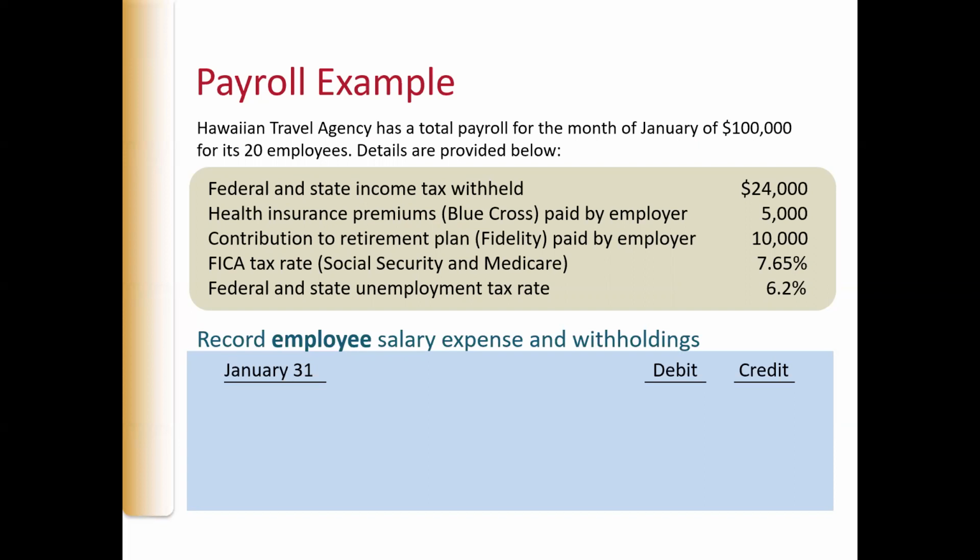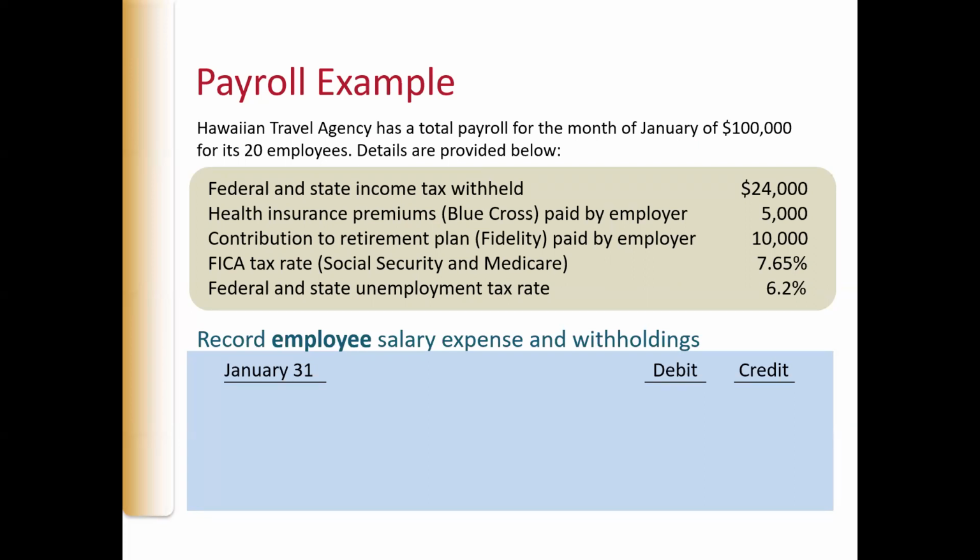Health insurance premiums that were paid by the employer are 5,000. The employer paid contributions to a retirement plan of 10,000. The FICA rate is 7.65% between Medicare and Social Security. And then the federal and state unemployment tax rate is 6.2%.